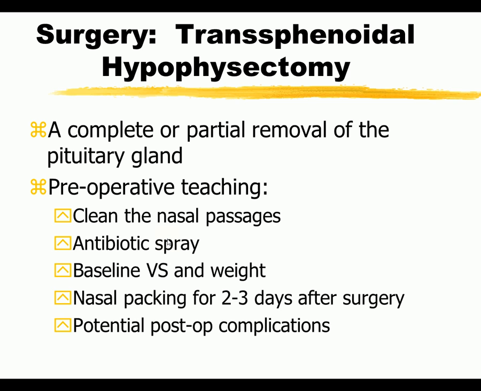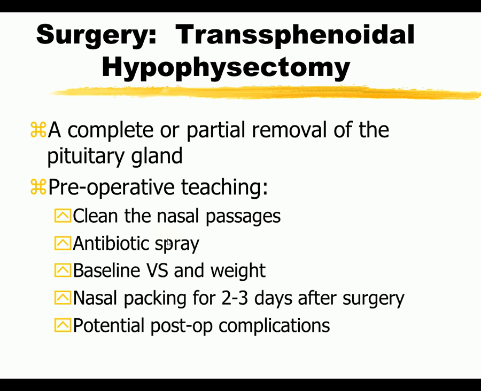But what's going to happen when they go in and do a transsphenoidal hypophysectomy? It's a microscopic surgery. The client will be under general anesthesia. They'll be in a semi-sitting position. The surgeon's going to go in and make an incision just above the upper lip until they reach the pituitary gland through the sphenoid sinuses.